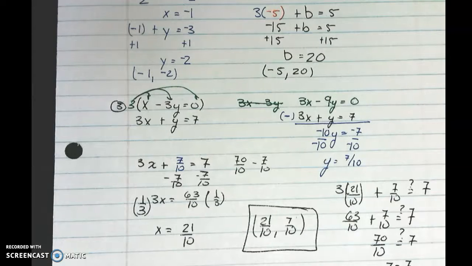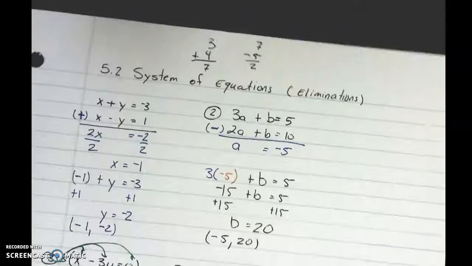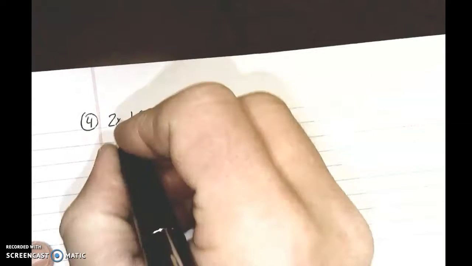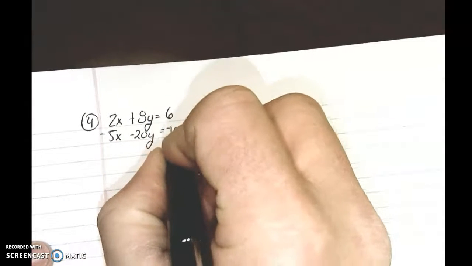Okay. Let's go back to the page. Make sure I have my room. We're going to go with number 4, which is 2x plus 8y is equal to 6, and negative 5x minus 20y is equal to negative 15.